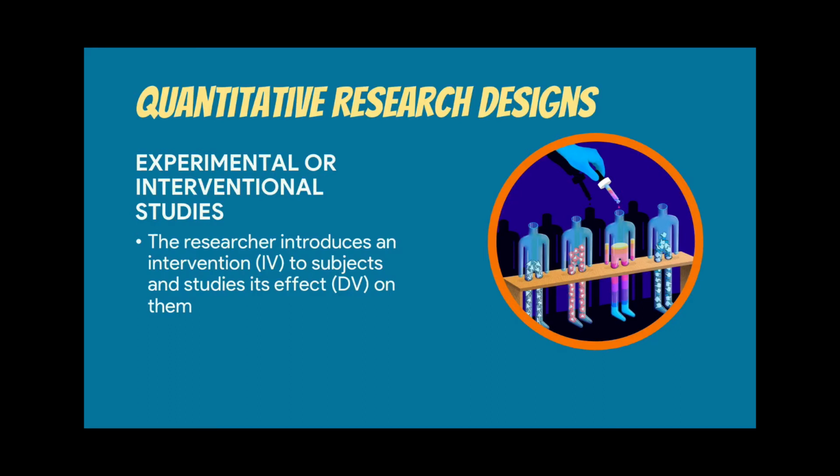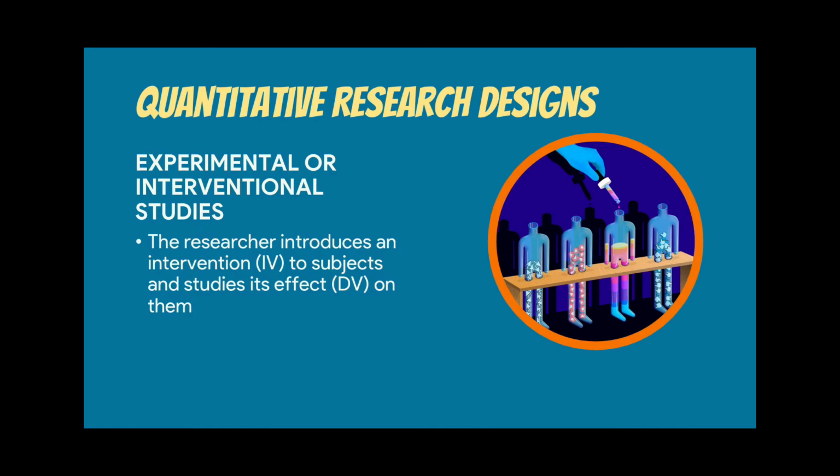When we say that a study is experimental, it means that in that research, the researcher introduces an intervention, for example, a program or an educational intervention, a seminar, or a social experiment, and sees whether or not it's going to be affecting a certain variable among the subjects or the participants in the study.